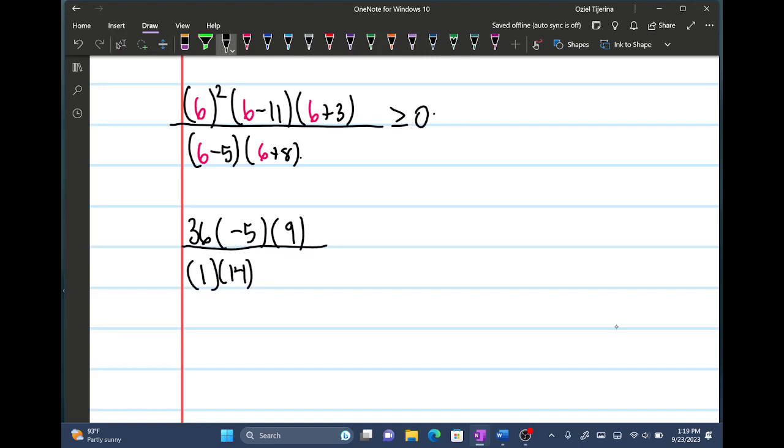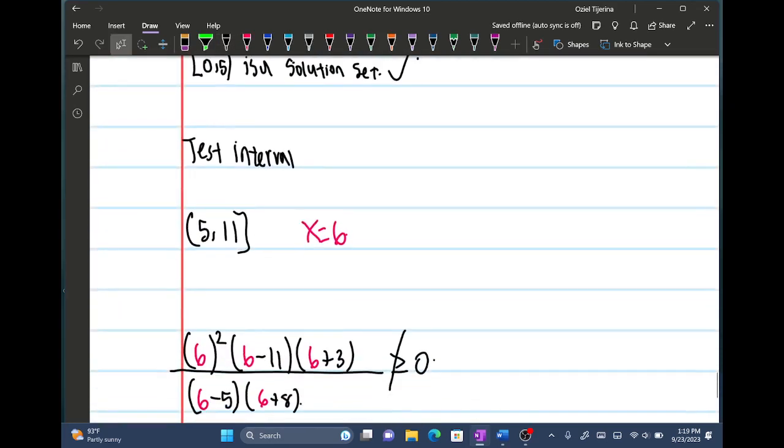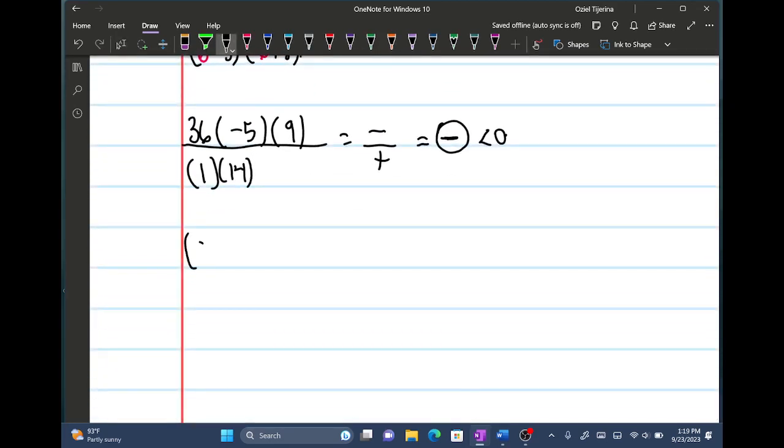So we know that it's a negative over a positive, and negative over positive states that it's negative. So we know this cannot work because a negative is less than 0, and it does not follow this inequality. So we know that 5 to 11 is not a solution set.